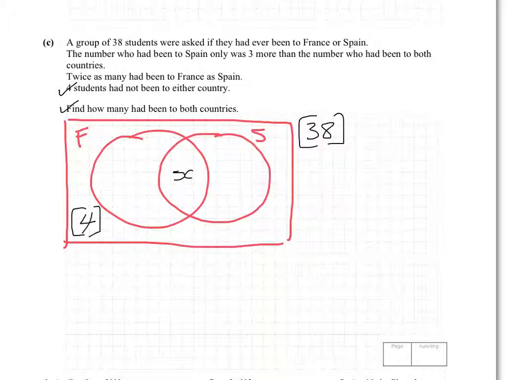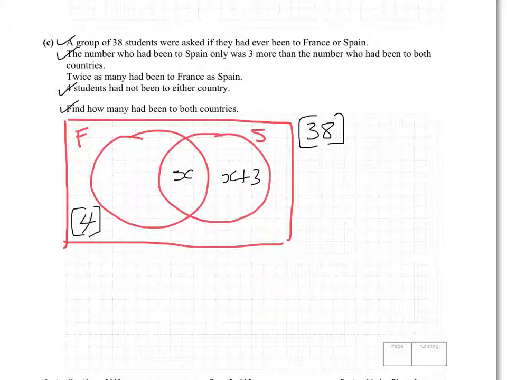The next useful piece of information is the one that states that the number of people who had been to Spain only, which is this section here, was 3 more than the number who had been to both countries. Well, both countries is x, so 3 more than that value x is going to be x plus 3.